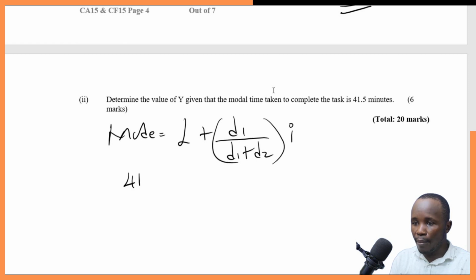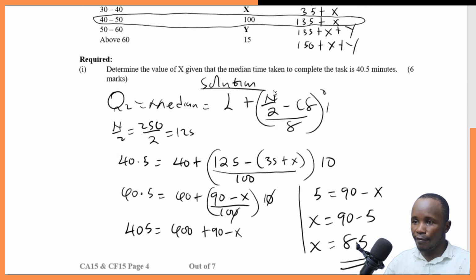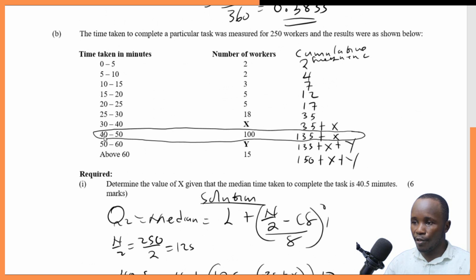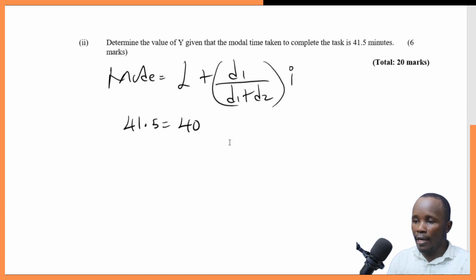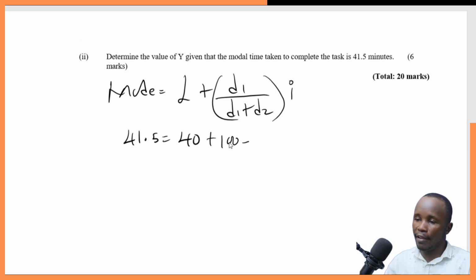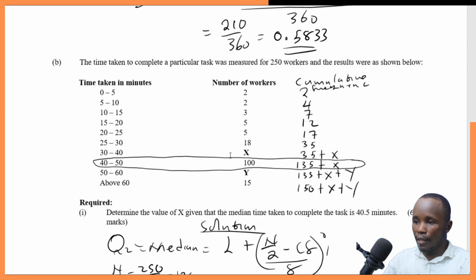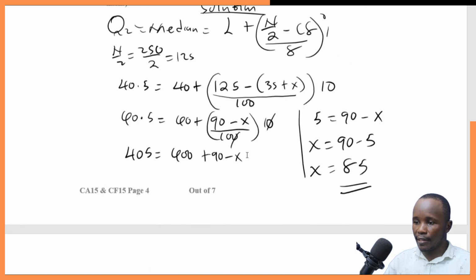my 41.5 is the mode, and the lower class limit there is 40. Let me take you back to the question and you find that here, this is 40. The lower class limit of the modal class is 40. D1 is supposed to be the modal frequency minus the frequency before, the modal frequency minus x.